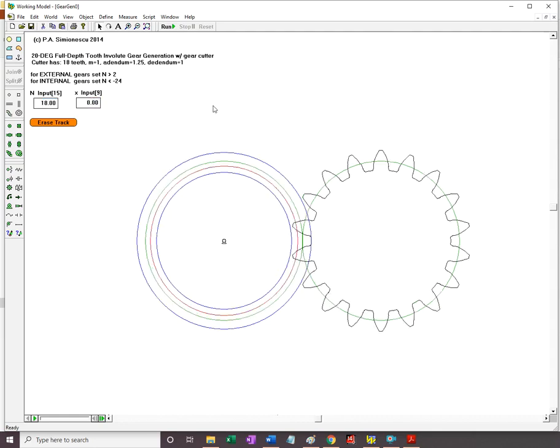There is a coefficient that's set to 0. So the two pitch circles are shown in green. In blue are the addendum and dedendum circles, the addendum being the circle through the tip of the teeth, the dedendum through the root of the teeth. And in red is the base circle of the future gear.